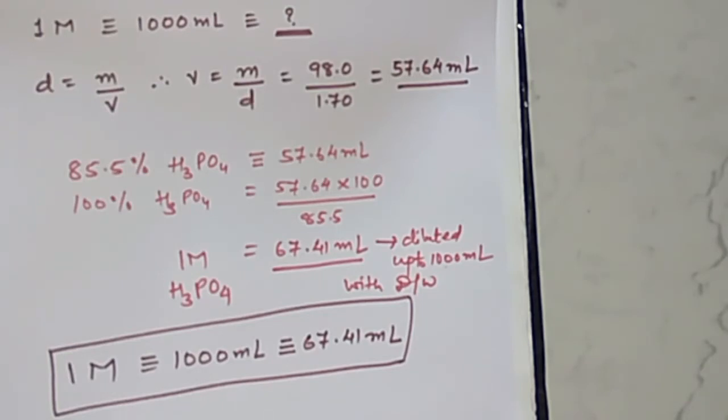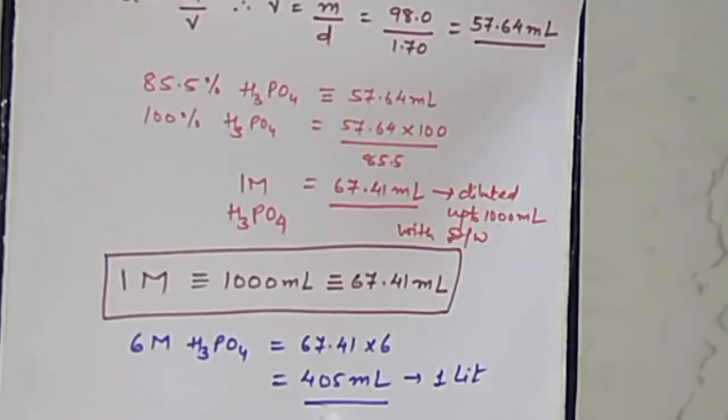Now if we want to prepare 6 molar phosphoric acid, how much volume do we have to take? 67.41 into 6, right? That gives us 405 ml. 405 ml, and the total volume to be made is 1 liter.